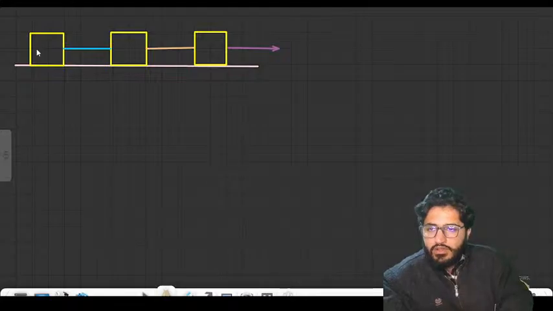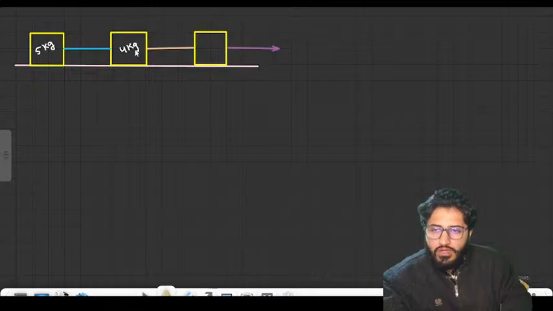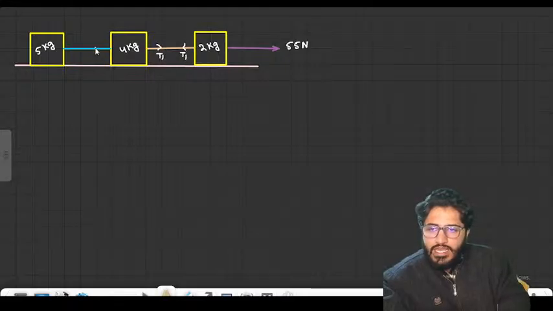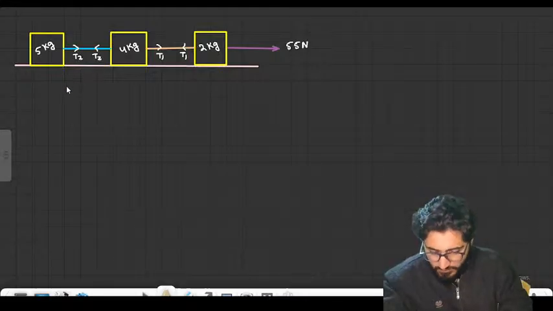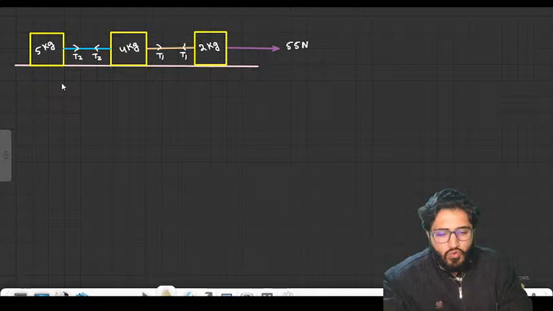This one 5 kilogram, this one 4 kilogram, this one 2 kilogram. You are pulling it by 55 Newton. So here will be tension T1, here tension T1, here tension T2, tension T2. How many ways are we having? Two ways.